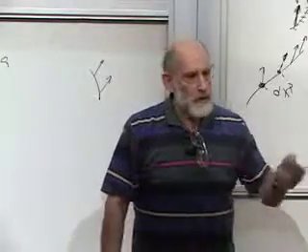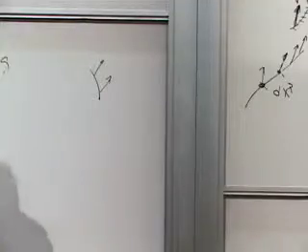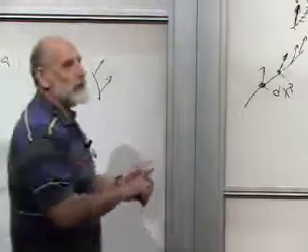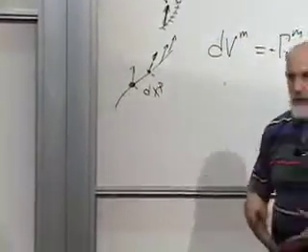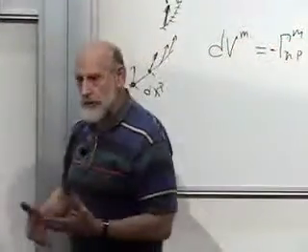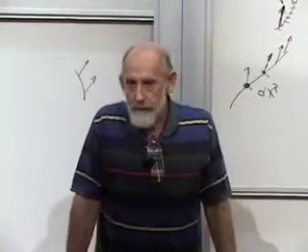You don't have to move it along a straight line. You can move it along a curve. That gyroscope will transport parallel to itself. So a gyroscope is a physical implementation of parallel transport in space along a curve. Okay?